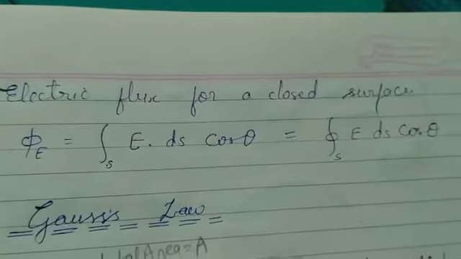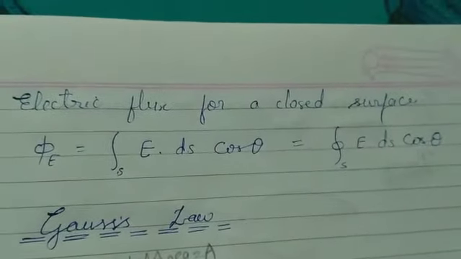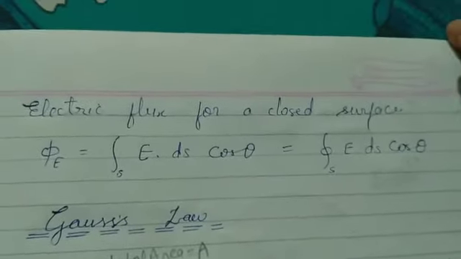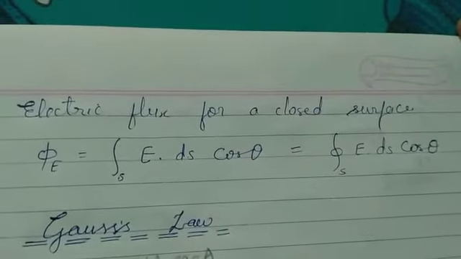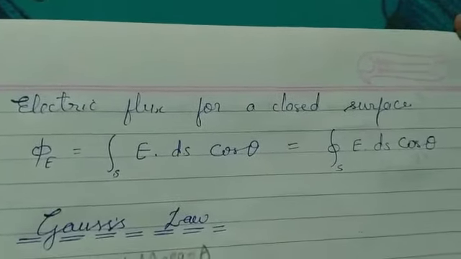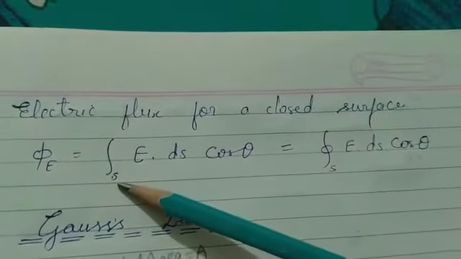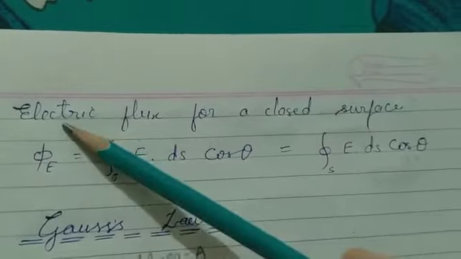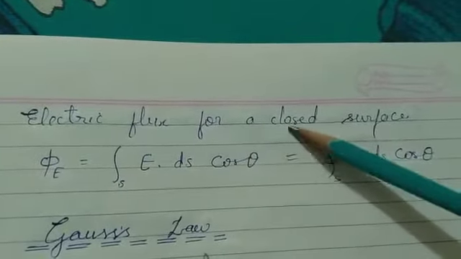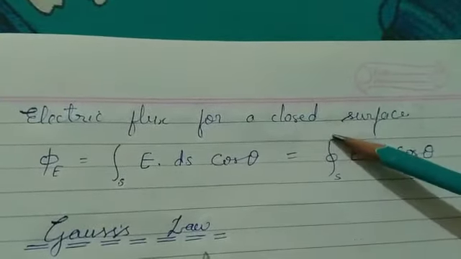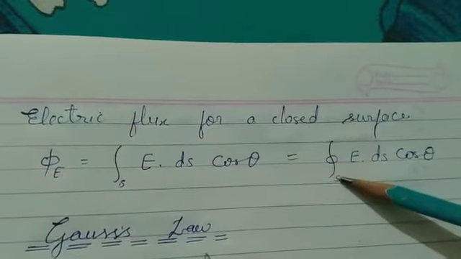Now let me tell you how to write electric flux, what kind of symbols we use. Suppose electric flux is related to a surface, so we write it as the integration over the surface. When the electric flux is for a closed surface, we write it as a circle integration over the surface.